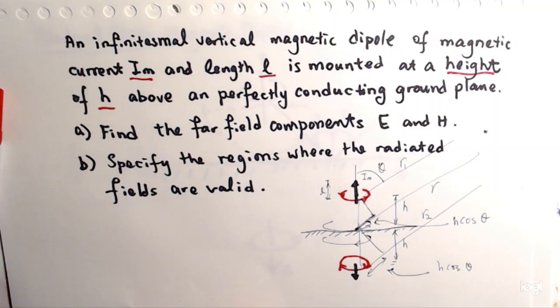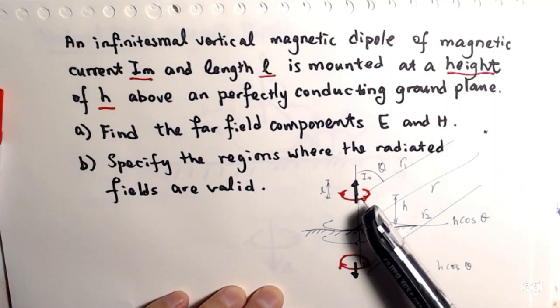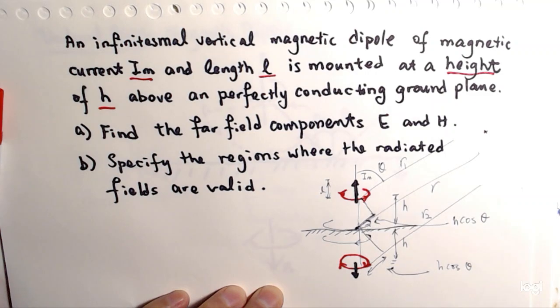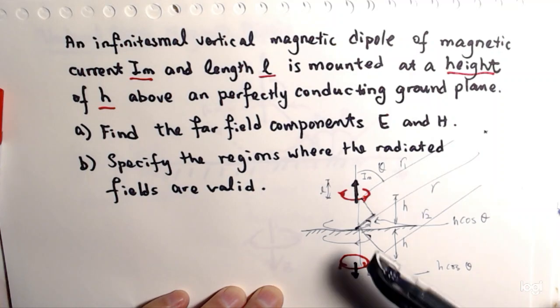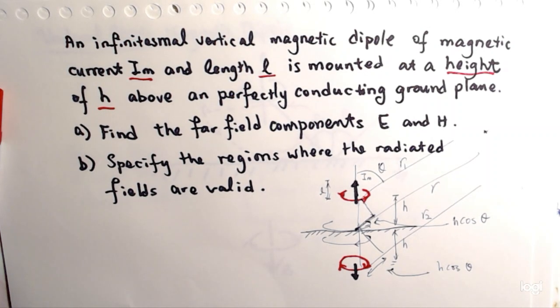And because of this spacing and the arrangement here, it ends up as an antenna array with 2 elements. So our job is to work out this.